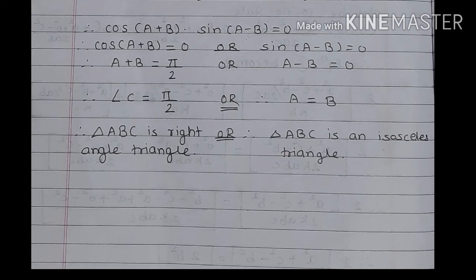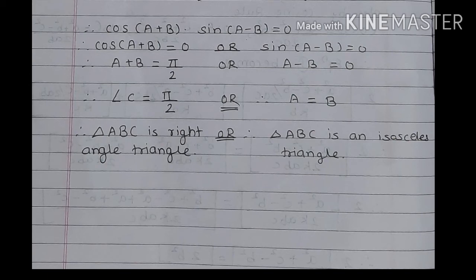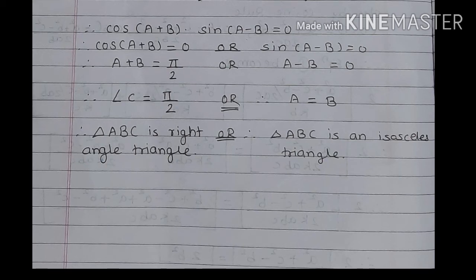So the multiplication of two terms is equal to 0 only if one of them is 0. Therefore cos of (a plus b) is equal to 0 or sin of (a minus b) is equal to 0. Cos is 0 for the angle pi by 2, therefore a plus b is equal to pi by 2, or sin is 0 for the angle 0, therefore a minus b is equal to 0. But what is a plus b equal to in triangle ABC?